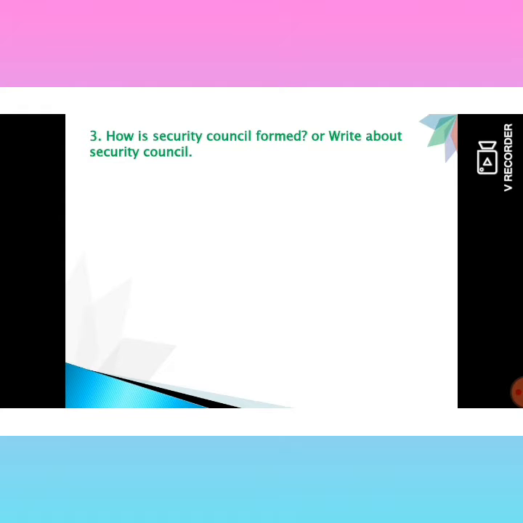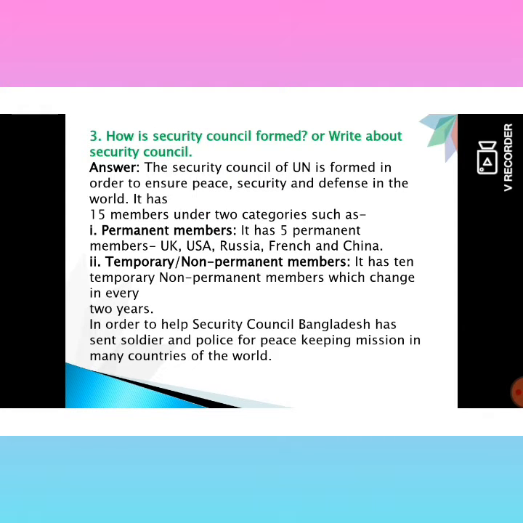Then the question number 3. How is Security Council formed? Or write about Security Council. The answer: the Security Council of UN is formed in order to ensure peace, security, and defense in the world. How many member countries?